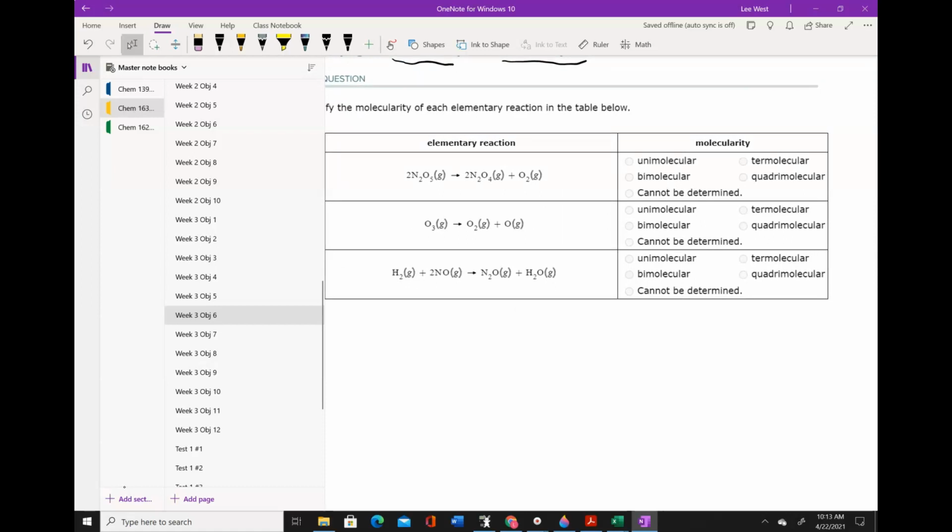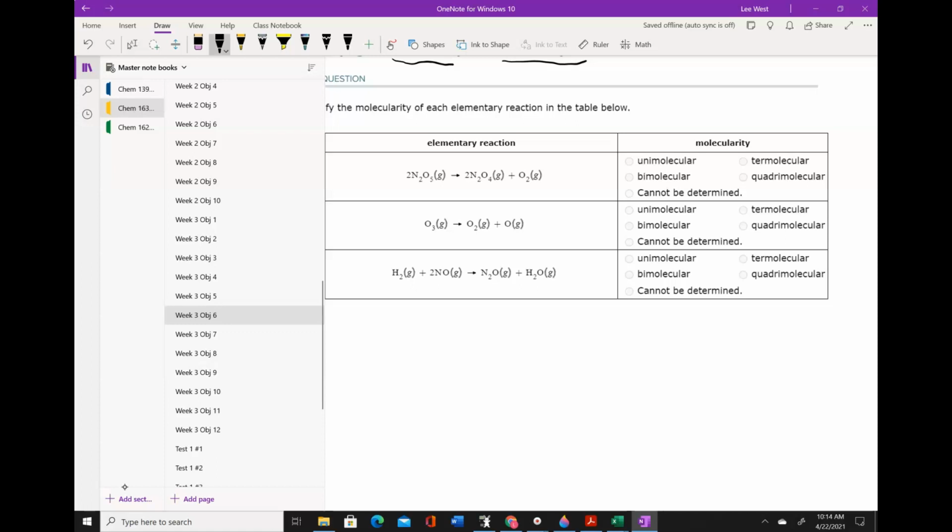So if there's one species involved, 1 mole of stuff, it's going to be unimolecular. 2, it will be bimolecular. 3, it will be termolecular, and if there are 4, quadrimolecular. So it should be pretty simple, and as long as we have an elementary reaction, cannot be determined won't be an option as far as I can tell, but let's see what we've got.